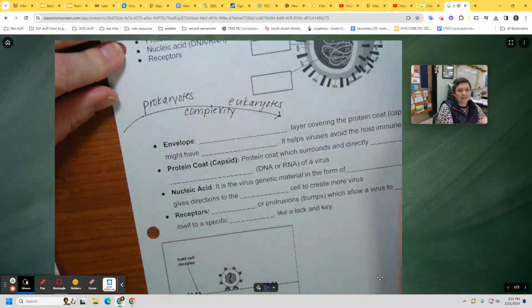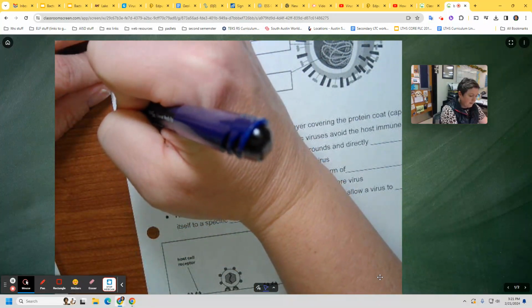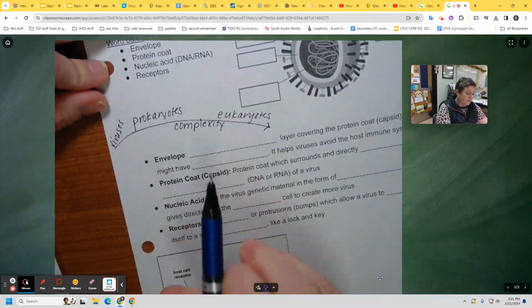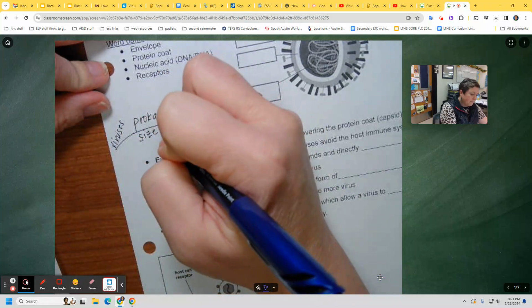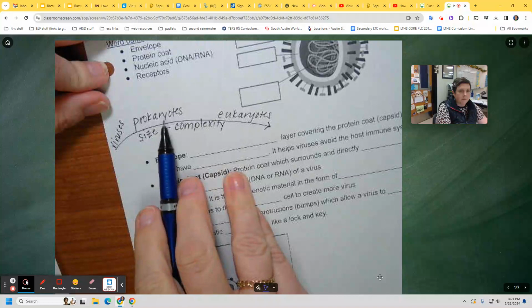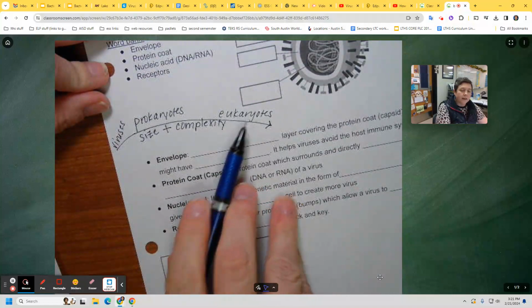Viruses are even simpler, right? And it's also true for size. I know we talked about that last time too. So viruses are the smallest. Prokaryotes are kind of in the middle. They're still much bigger than viruses. And then eukaryotes are on the end over here.